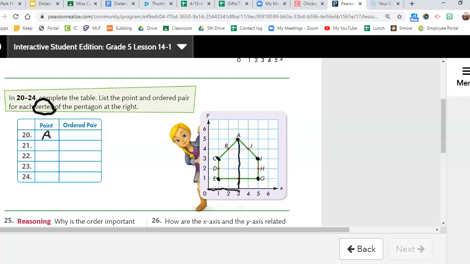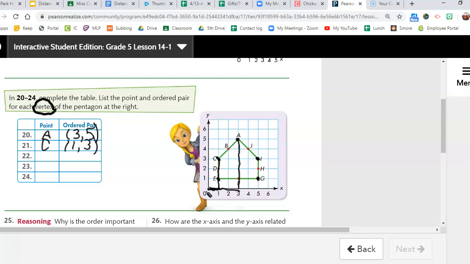So my ordered pair is 3, 5. All right. Next up, I'll go over to point C. To get to point C, I go over 1, x-axis, and then up 1, 2, 3. So that would be 1, 3.